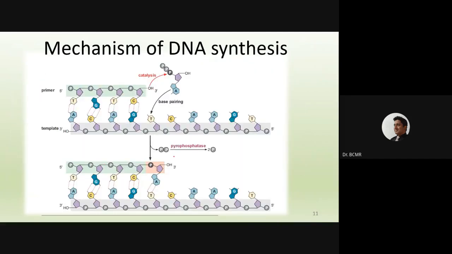So the mechanism, or simply what happens, is the base T is here, so it can base pair with A. It cannot base pair with C, G, or another T. It can only base pair properly with A. And then this 3' OH that is present will make a nucleophilic attack onto the alpha phosphate, and then these two phosphates, that is beta and gamma, are released out, and this pyrophosphate is further hydrolyzed to inorganic phosphates by an enzyme called pyrophosphatase, and this phosphodiester bond is made here.